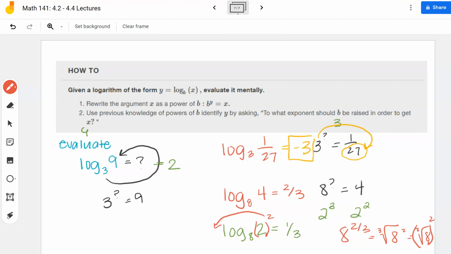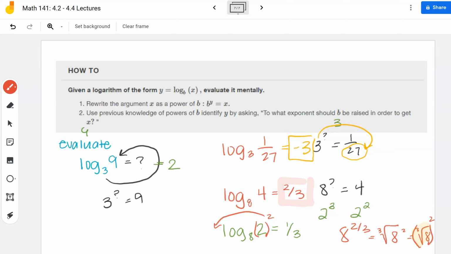It's always, always, always better, if the root works and you can take the radical, to do the radical first so you don't make your numbers humongous for no reason. So in this case, the cube root of 8 is 2, squared is 4. Not the easiest thing to do in your head, but it is something we can do when they have that kind of common base in the exponential.